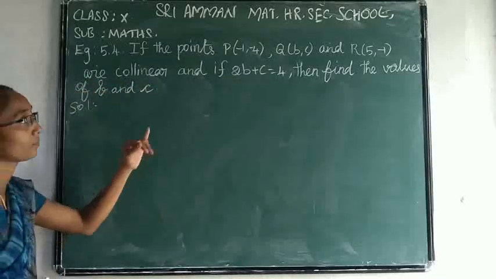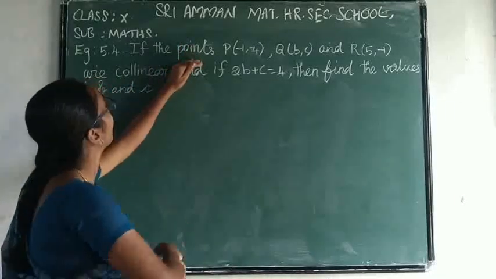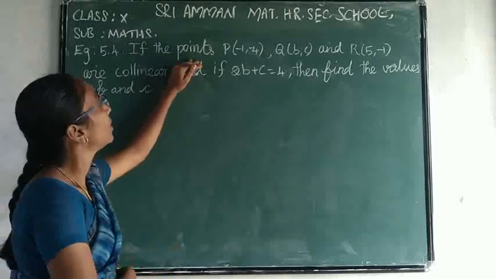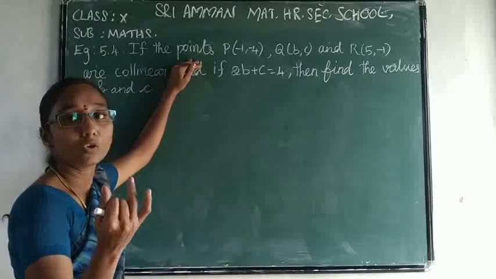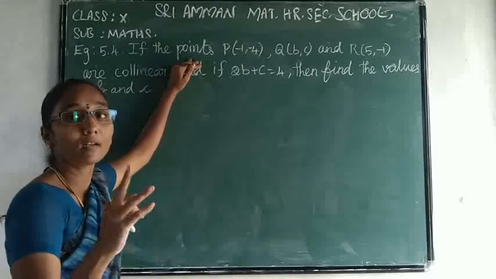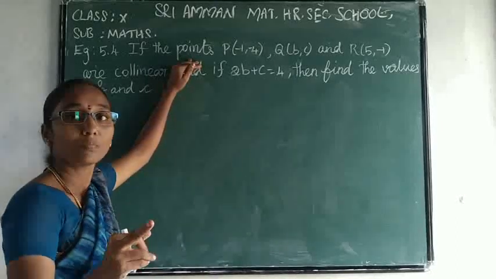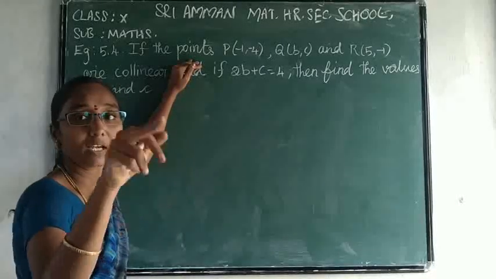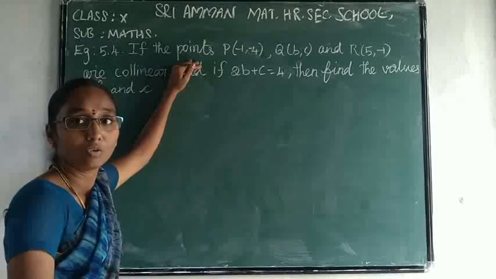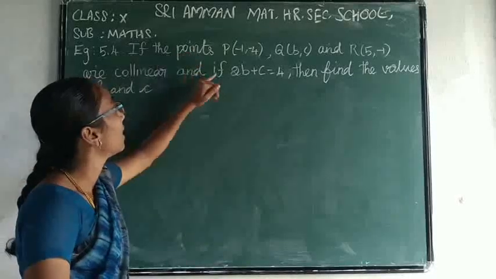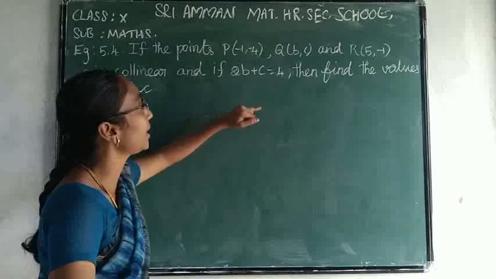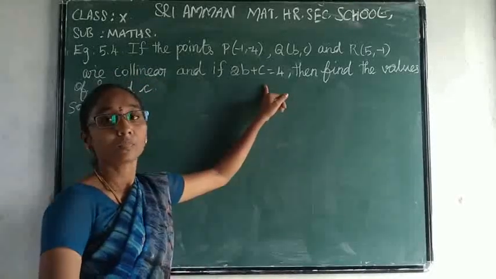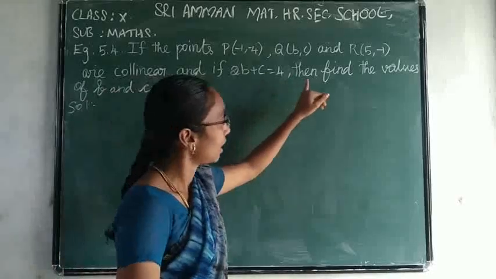are collinear. Three points are given, P, Q, R. These three points are collinear, so the area of the triangle equals 0. And if 2B plus C equal to 4, one equation is given.